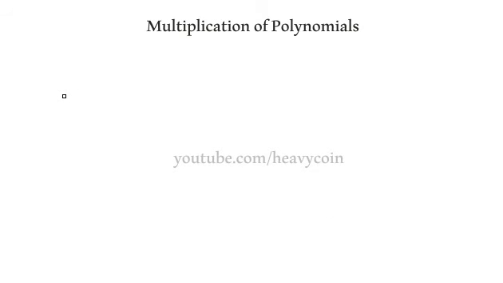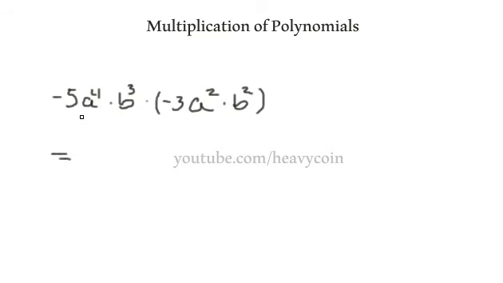Let's see. Let's work with some negatives. What if I had negative 5a to the fourth, let's say, times, use some different letters here, b to the third, times, and I'm going to put in parentheses here because I've got a negative 3 times a squared times b squared. Okay, and we want to simplify this down. So what I'm going to do here is take my coefficients of negative 3 and negative 5, and multiply them together.